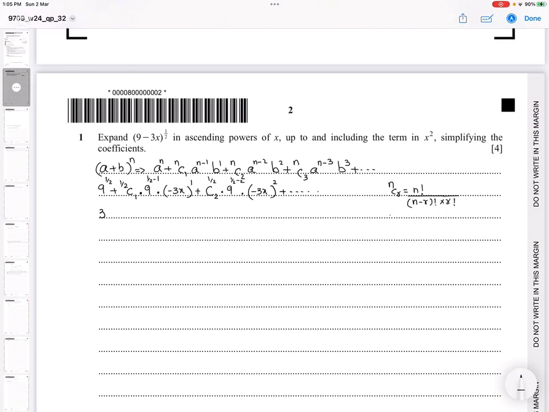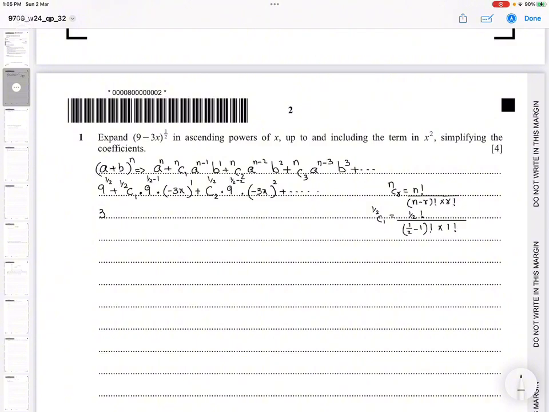So my 1 over 2 C1 equals n is 1 over 2 factorial over 1 over 2 minus 1 factorial times 1 factorial.